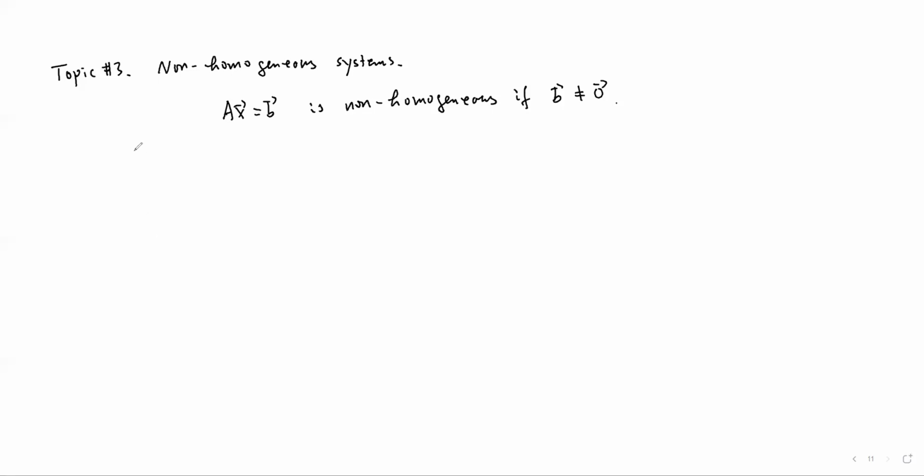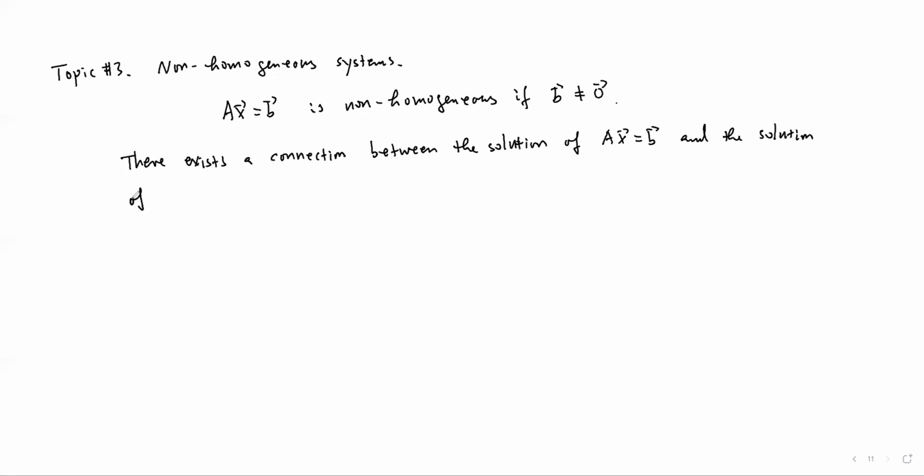Let me write this down. There exists a connection between the solution of a non-homogeneous linear system and the solution of its associated homogeneous linear system.